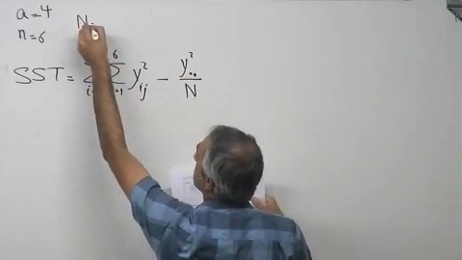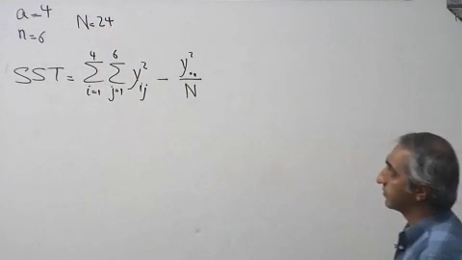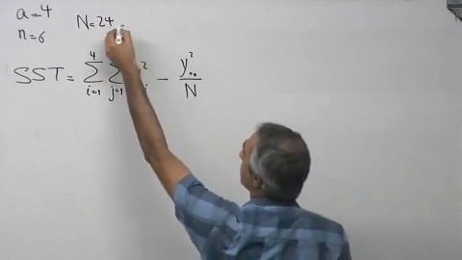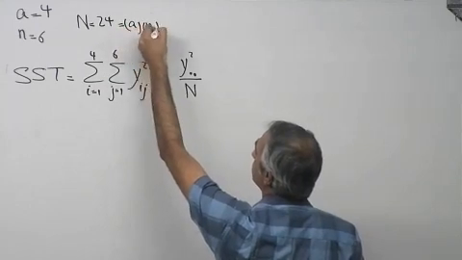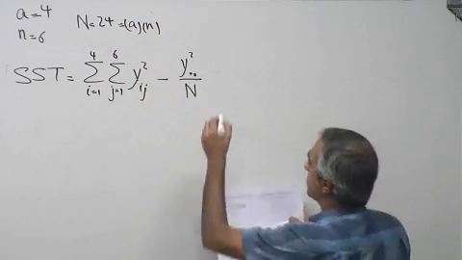Capital N in this case is 24, which is A times n.